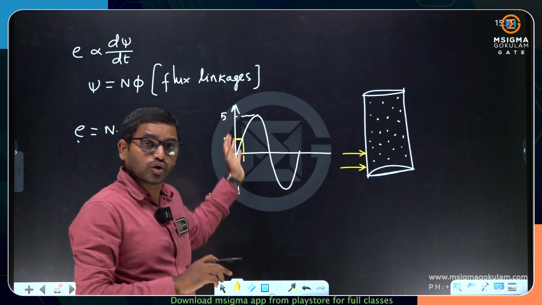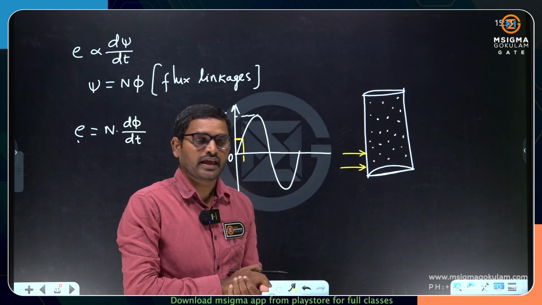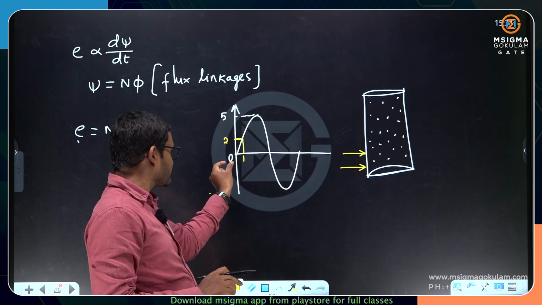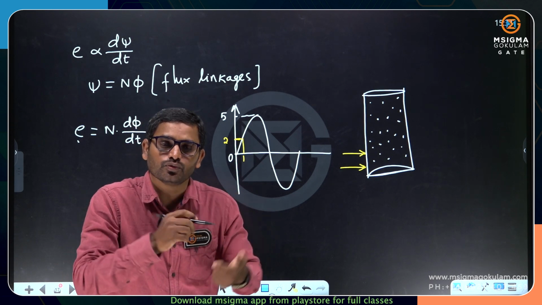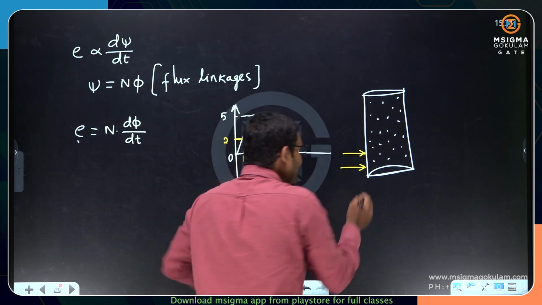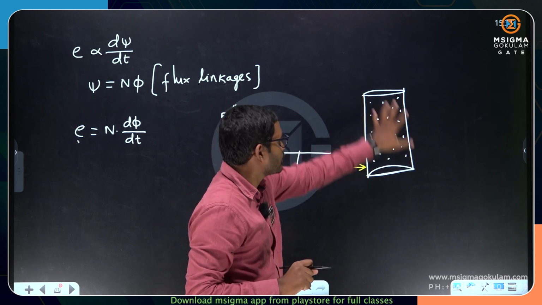Earlier there was no flux linkage and hence no force on the electrons, and now two flux lines are linking. So compared to the previous case from 0 to 1, the change is 2. And therefore these two flux lines will create an impact on a few number of electrons.